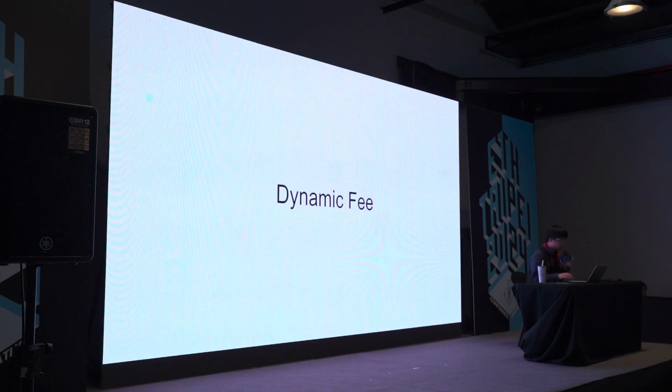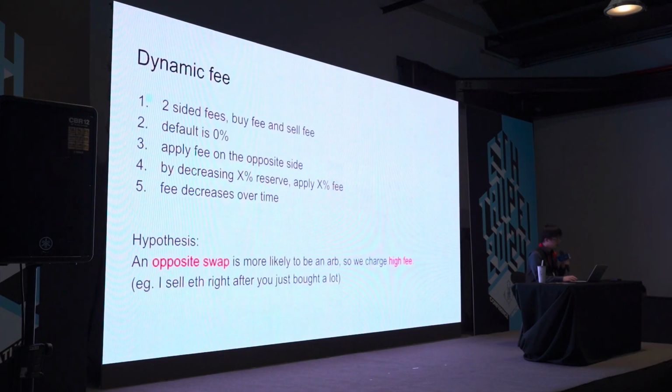And then comes the next part, which is dynamic fee. So the very first feature of Dyson's dynamic fee is that it is double-sided, which means at a specific time frame, the fee of buy side and sell side could be different.